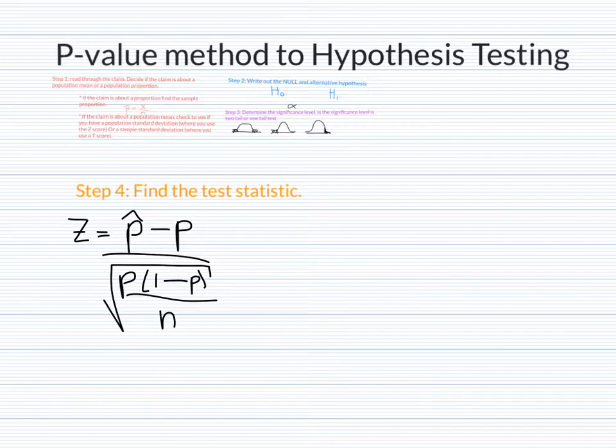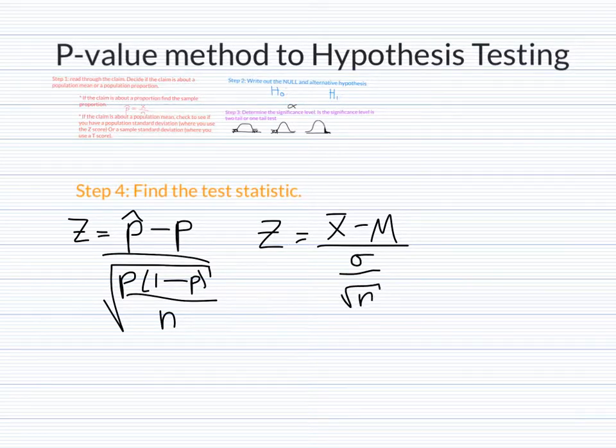So that's for proportion. If our claim has a mean and we know the population standard deviation, we're going to have x bar minus the mean over your population standard deviation divided by the square root of n.